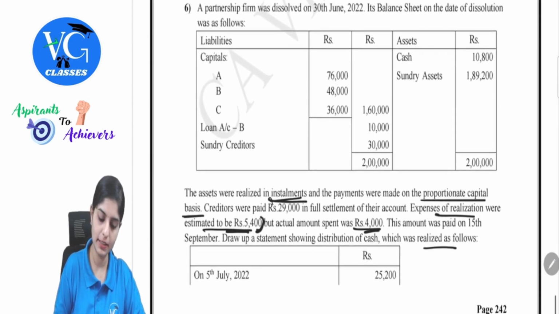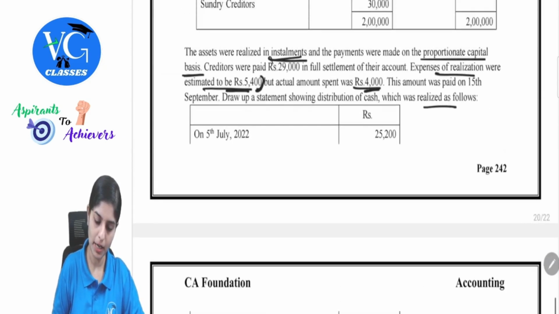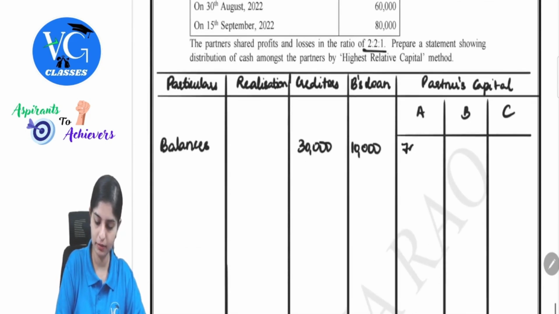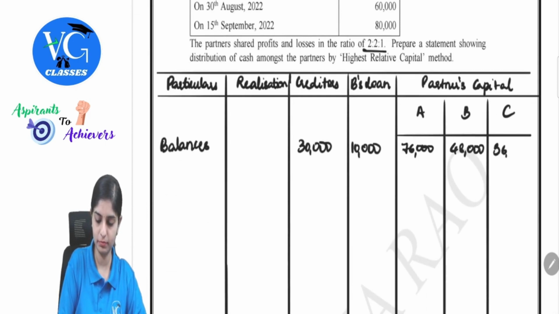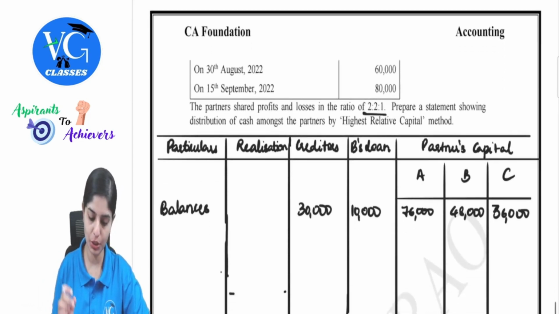For sundry creditors, 30,000 and B's loan, 10,000. Partners capital, 76, 48, 36. Yes, we have just written down the balances which is given.